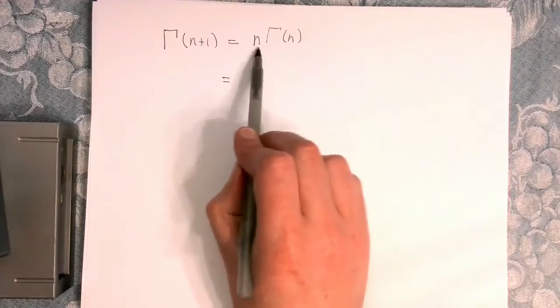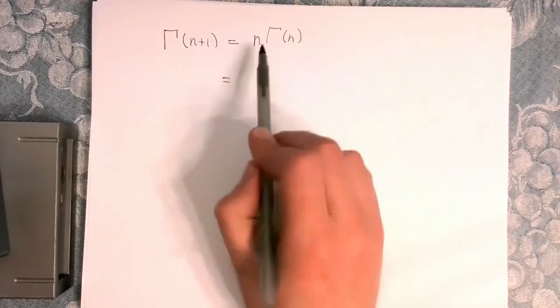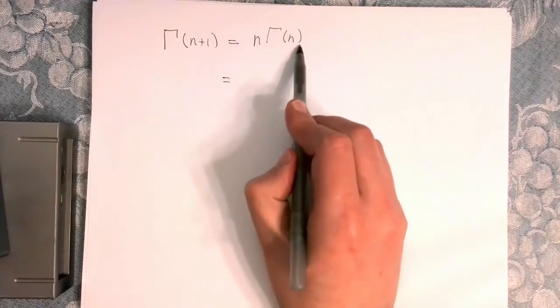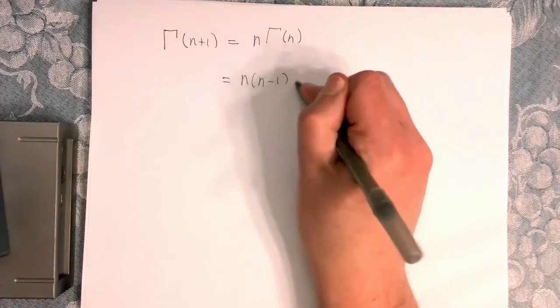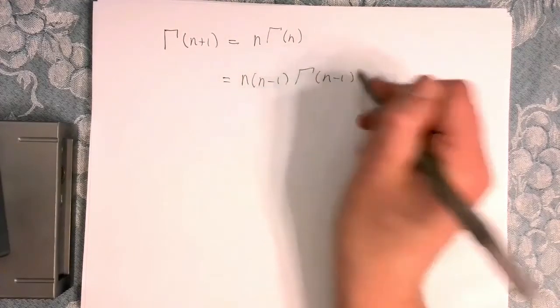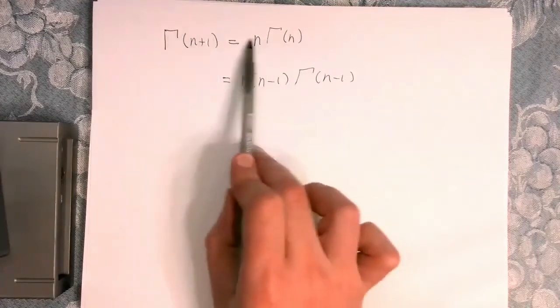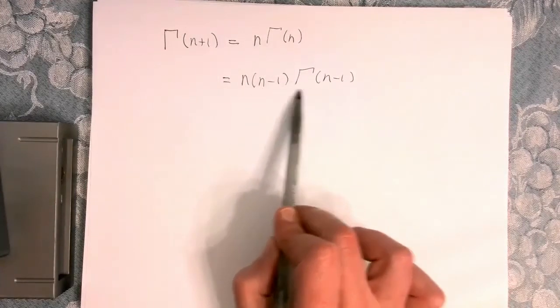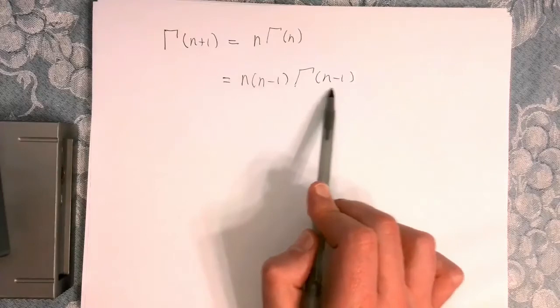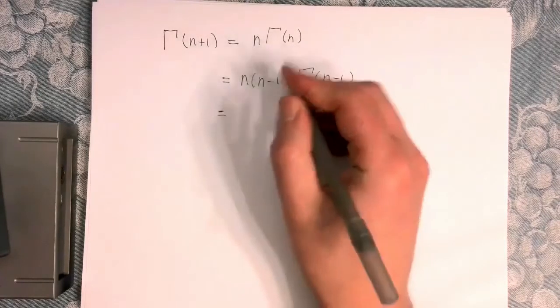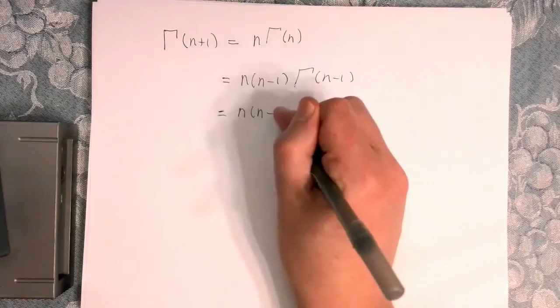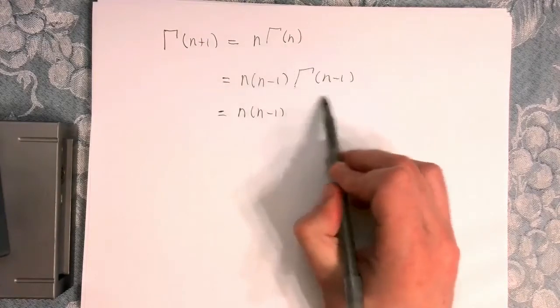So notice that these are just one less than this. So that means that I can rewrite this using this property. So I'd have n times n minus 1 gamma of n minus 1. So do you see how I applied this right here? And then you can, right here, apply this one more time. So that's n times n minus 1 times, how can I rewrite this?